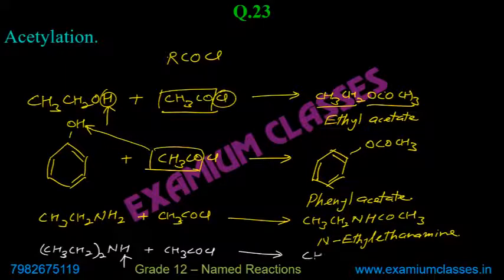So write it as it is, (CH3CH2) whole twice N, and the remaining hydrogen will be replaced by COCH3. And it is N,N-diethyl ethanamide. So write it yourself, N,N-diethyl ethanamide.